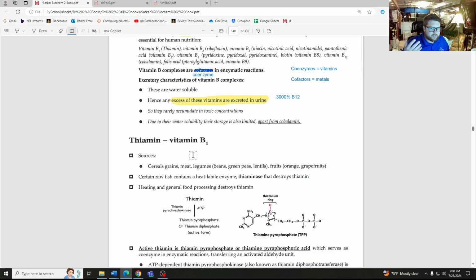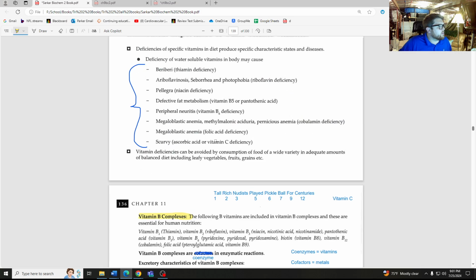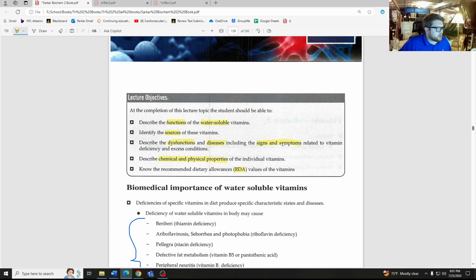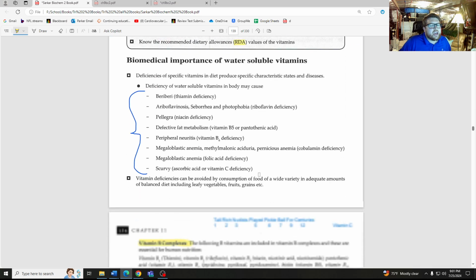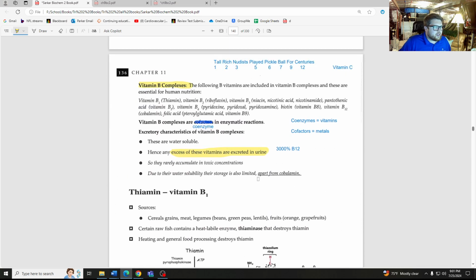If there's excess, the kidneys are going to filter it out, and it's just going to leave our body, be excreted in the urine. So again, most of the time, like we saw up here, talking about the vitamin deficiencies and excess conditions, we never really talk about excess of B vitamins.